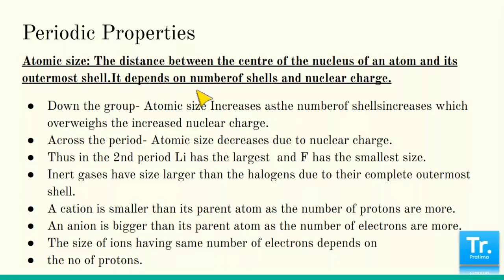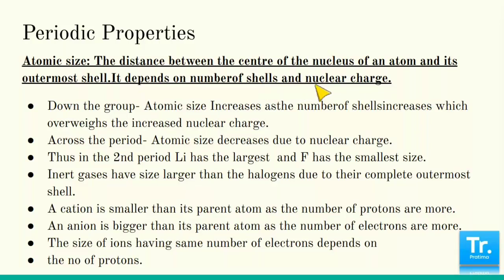So it depends on two major factors. One is number of shells and another is nuclear charge. Now let me explain how. Number of shells: every time the number of shells increases, the size will increase, because the distance from the center of the nucleus till the last orbit will keep increasing with the increase in the number of shells. What about the nuclear charge?